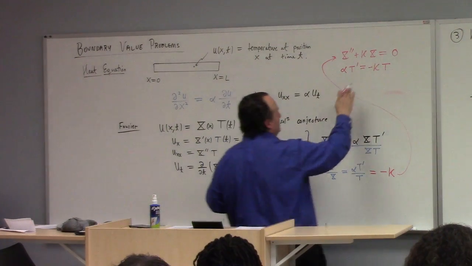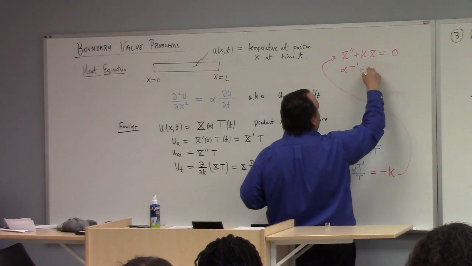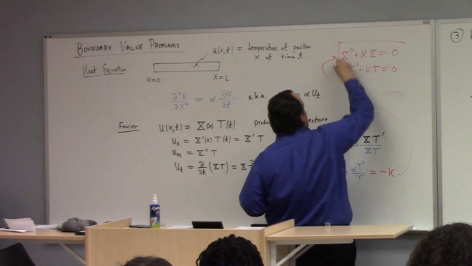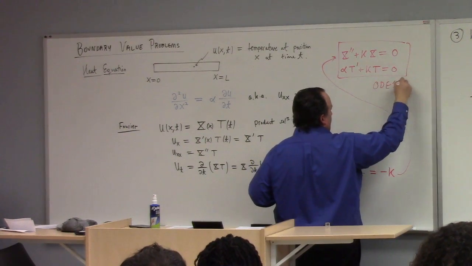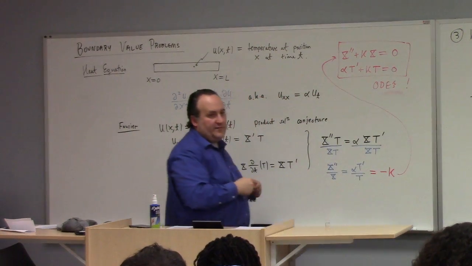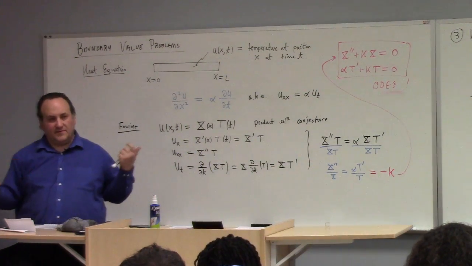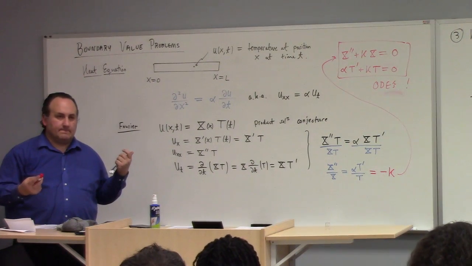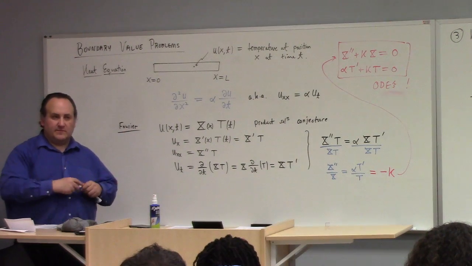Or if you like, alpha T' plus kT equals 0, right? ODEs. Ordinary differential equations. One in x and one in t. We know how to solve those, right? The reason I put a minus k there is so it matches my propositions.